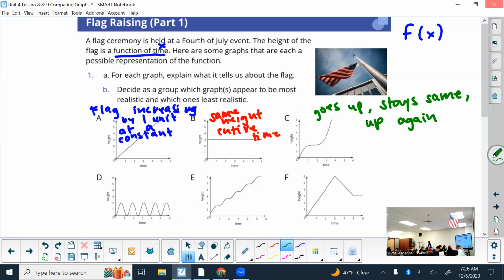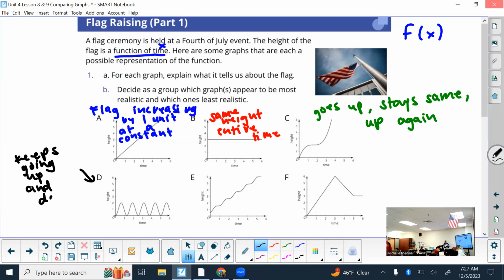All right, table 2, what's going on with graph D? Okay, keeps going up and down. Why they do that, I don't really know, but it looks like that is what's going on.